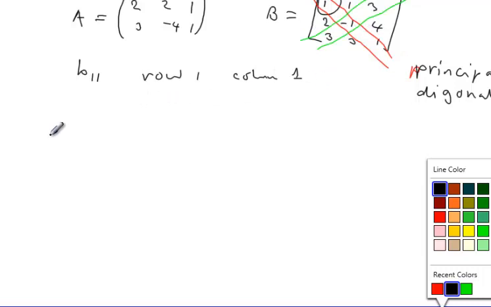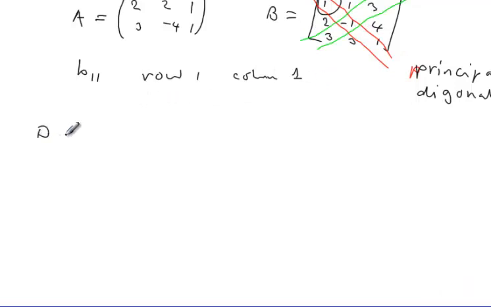Then there are matrices like this. Let me write there. A matrix like this, let's say 4, 0, 0, 0, 3, 0, 0, 0, 1. You can see that that is a 3 by 3 matrix, the square matrix.